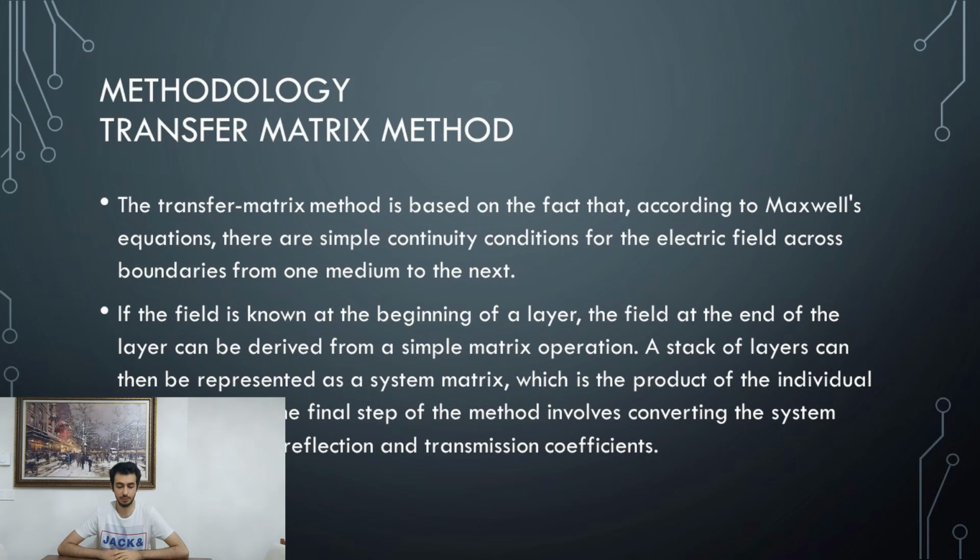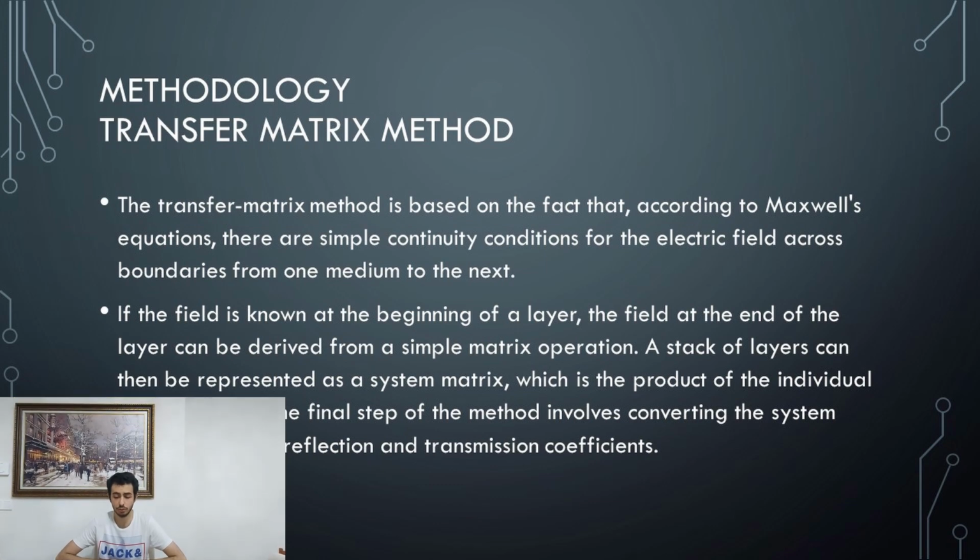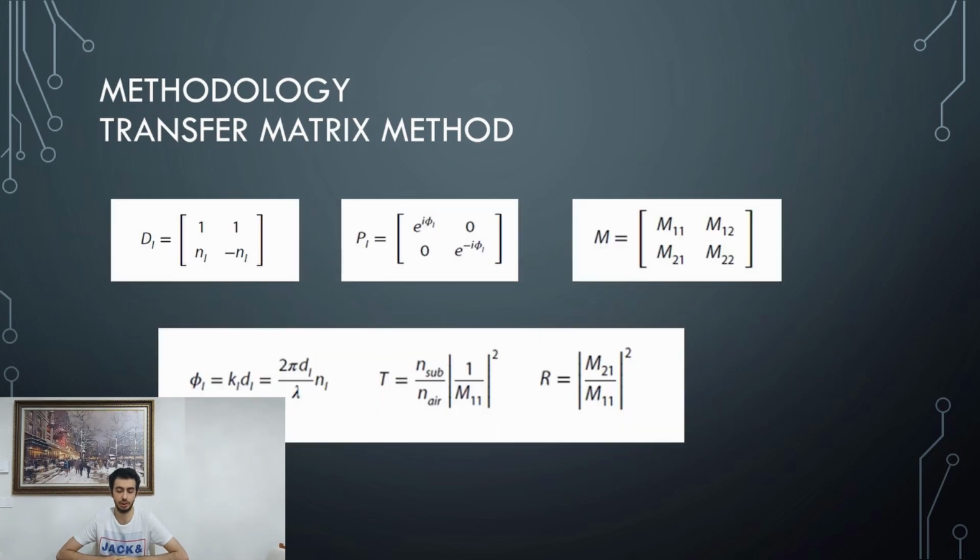The transfer matrix method is based on the fact that, according to Maxwell's equations, there are simple continuity conditions for the electric field across boundaries from one medium to the next. If the field is known at the beginning of layer, the field at the end of the layer can be derived from simple matrix operation.